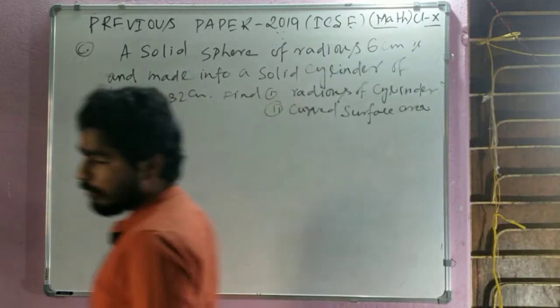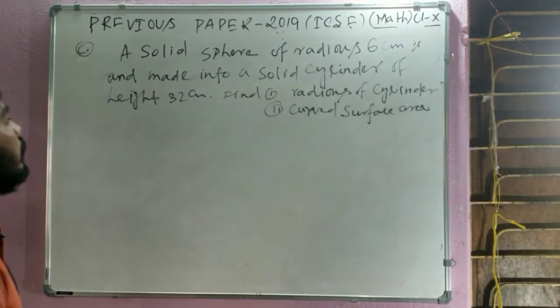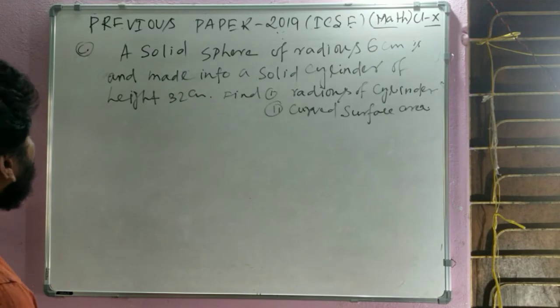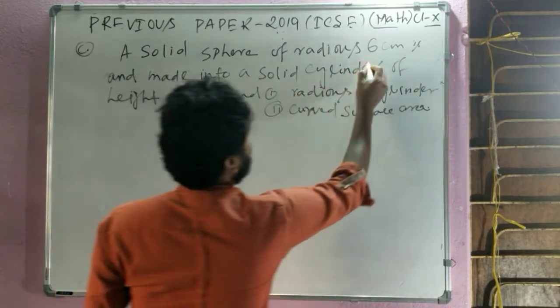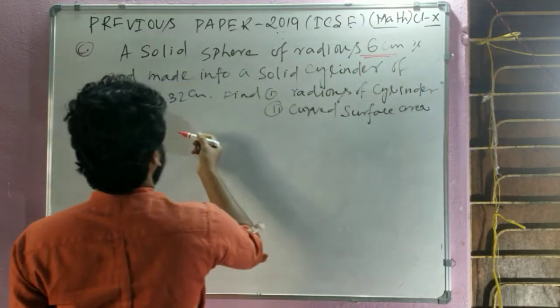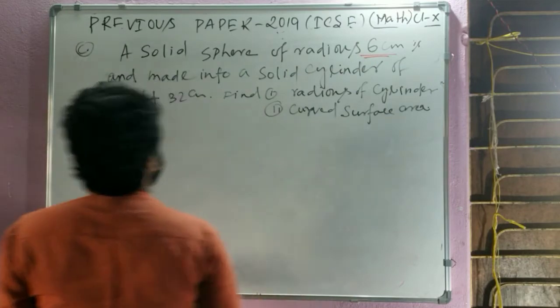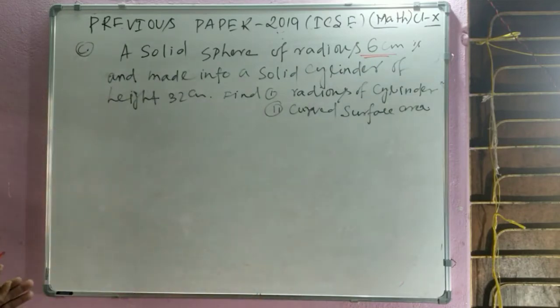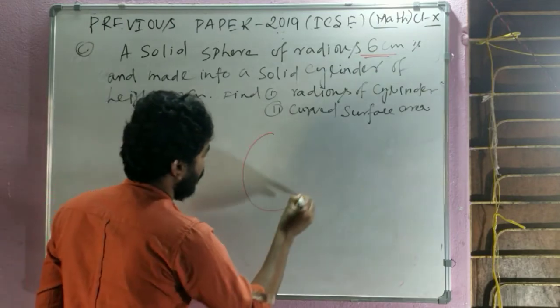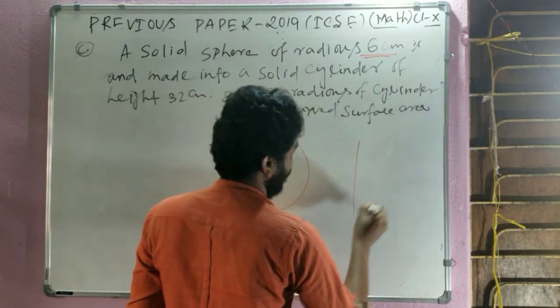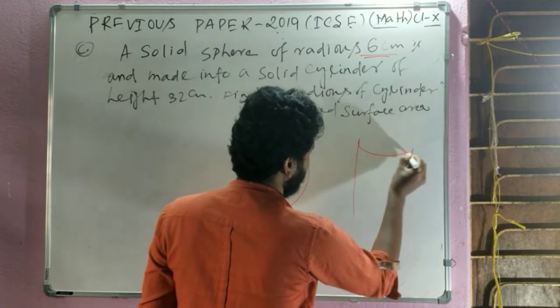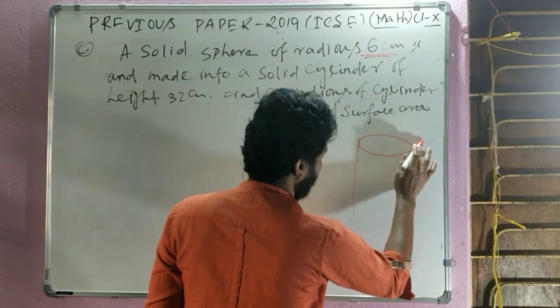This question is from mensuration. Given a solid sphere of radius 6 cm made into a solid cylinder, meaning a sphere reduced to a cylinder.